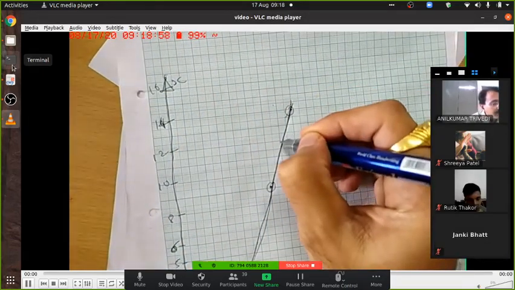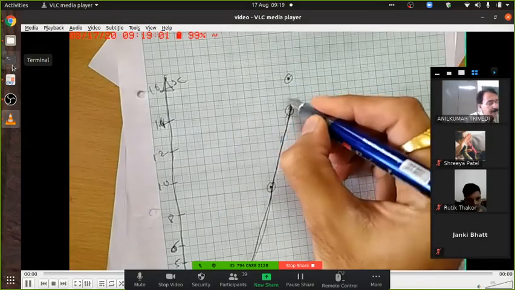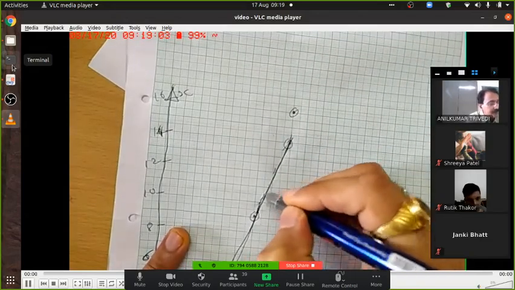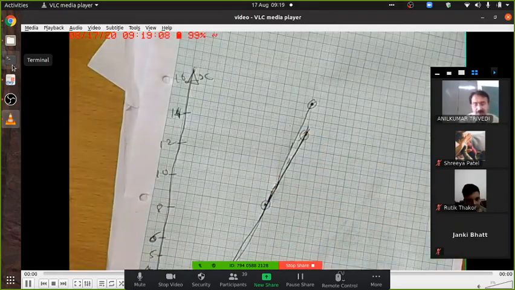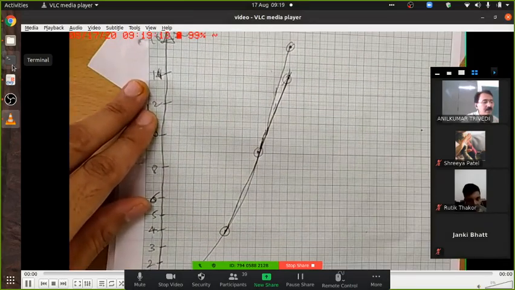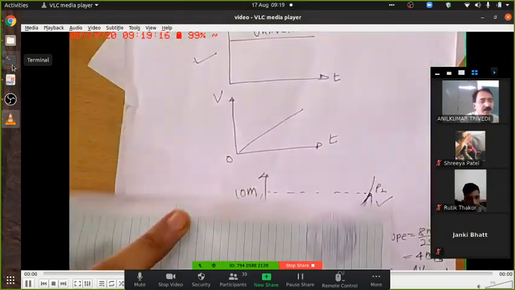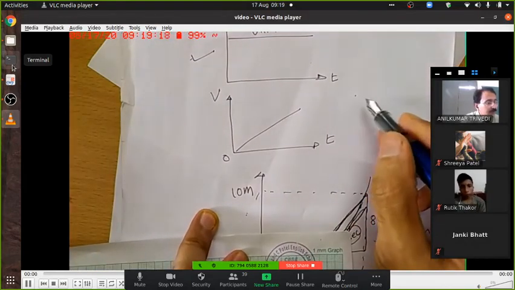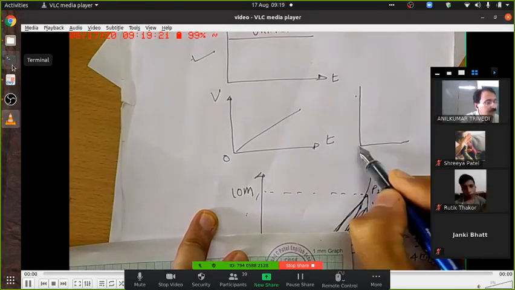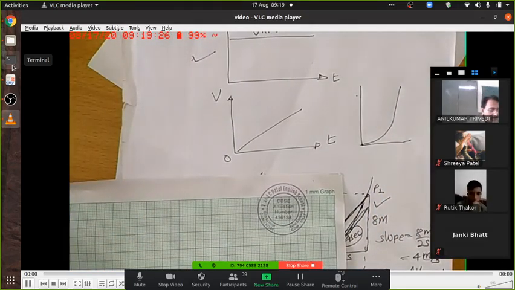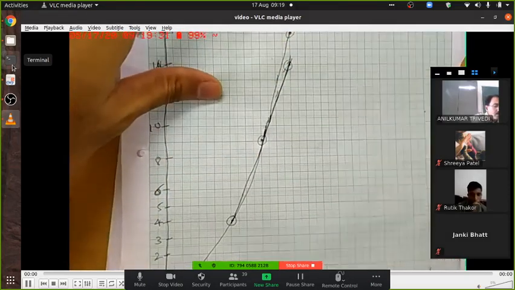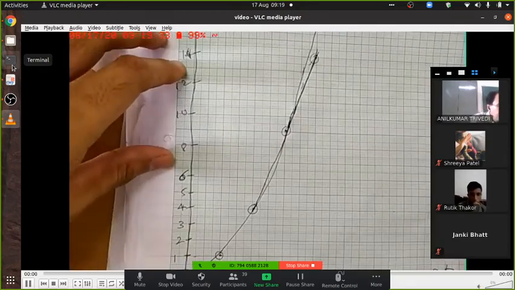So it will go sharper. So in short, when you plot, it will look like this. You be ready with this graph. This is 16. Fine.